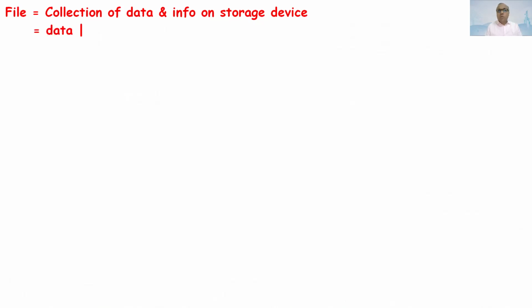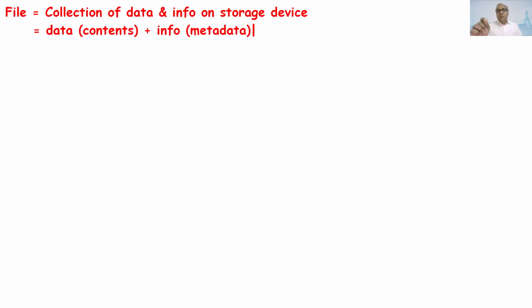And the basic question is, what is basically a file? A file is a collection of data and information on a storage device. When I talk about data and information, there are two things. The data over here is basically the contents and information is basically the metadata. Let me make it simple for you.